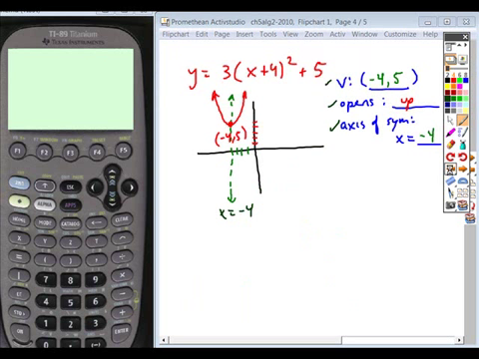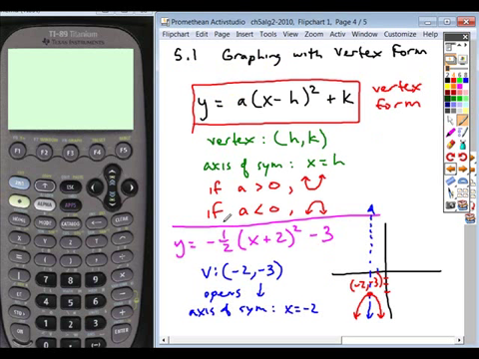The one last thing to talk about regarding this a value is if the a value is greater than 1, then that means your graph is steep. It winds up being a skinnier graph, a really steep sloped graph. If this value is a fraction between -1 and +1, if it's a fraction less than 1, then it's going to be really flat.